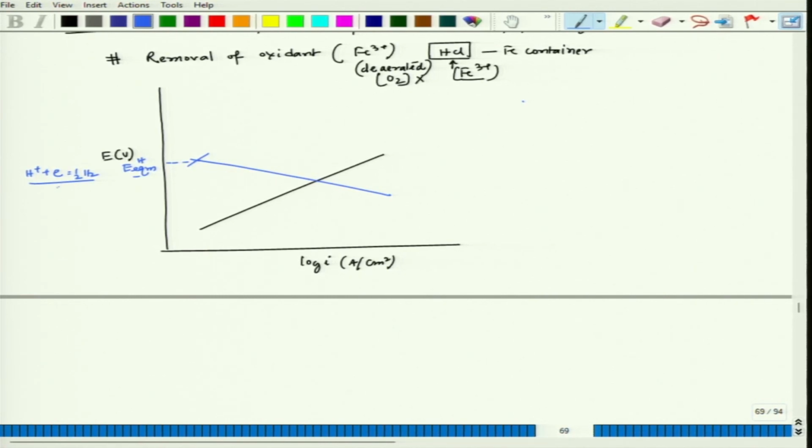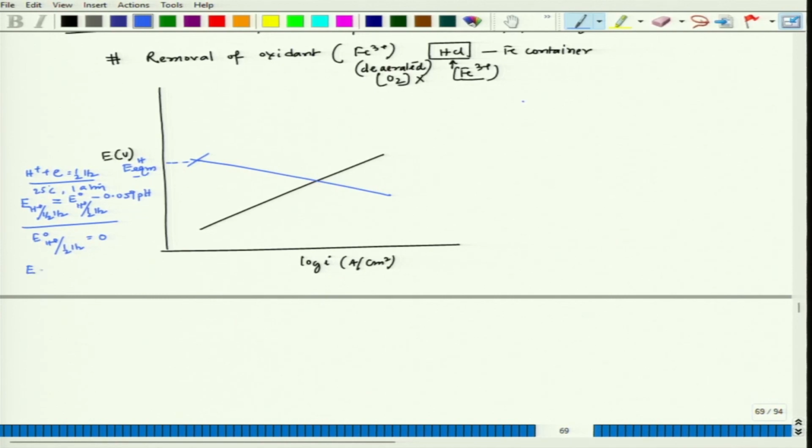Now, for hydrogen reaction, I can write the Nernst equation like this. Okay, so this is the equation I can think of where the temperature is 25 degrees Celsius, 1 atmosphere pressure, and where E naught for H plus half H2 equal to 0.